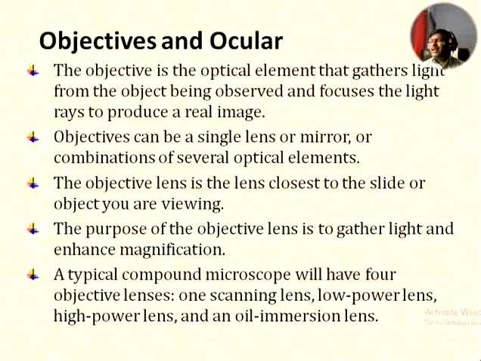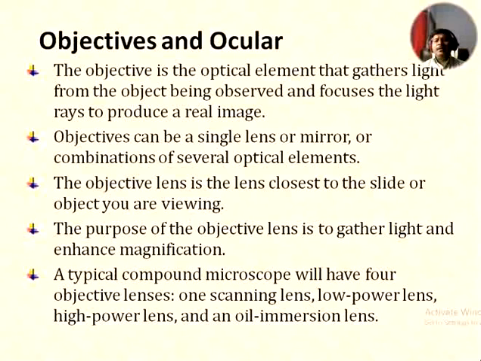The 10x is called a low power lens or low power objective. Then 45x is called a high power objective or high power lens. And the last one, the 100x, is called an oil immersion lens or oil immersion objective.